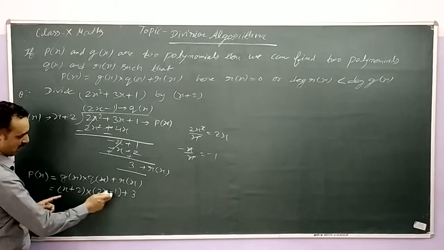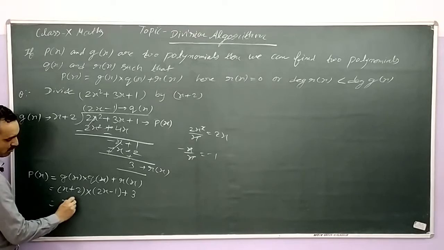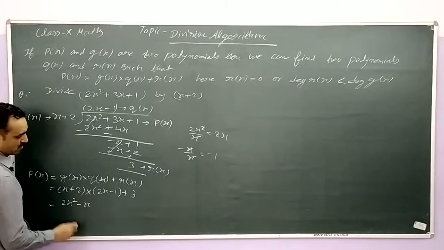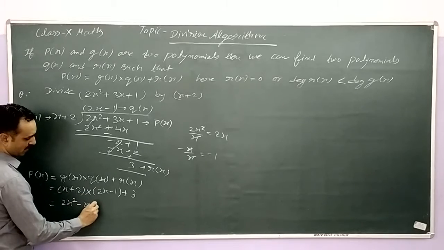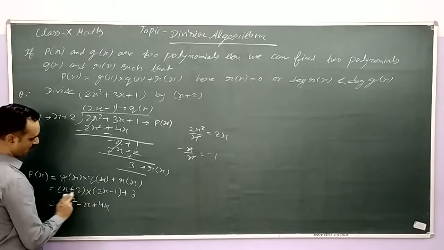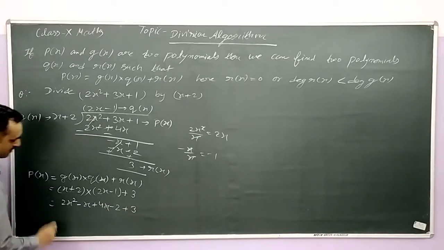First we multiply these two brackets. x multiply by 2x, 2x square, x multiply by minus 1, minus x, 2 multiply by 2x, plus 4x. Keep in mind the signs when we multiply, so plus 2 times minus 1 is minus 2, and plus 3 as it is.